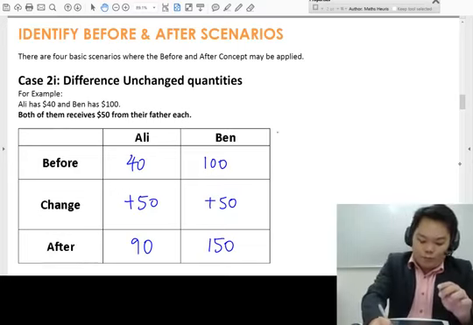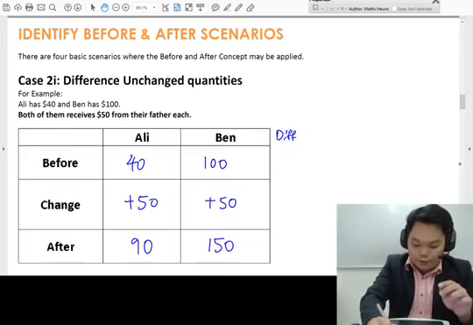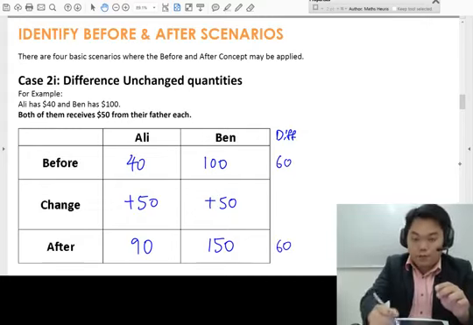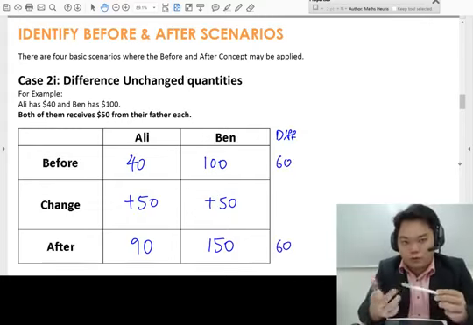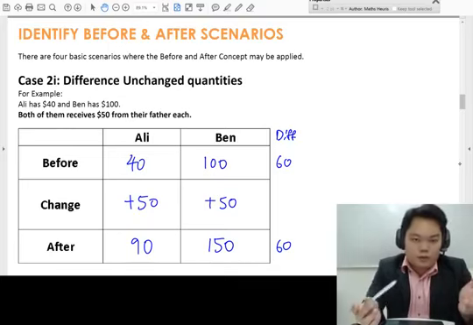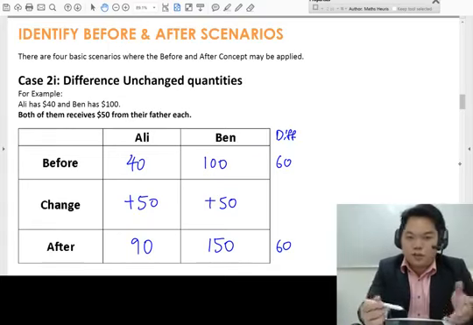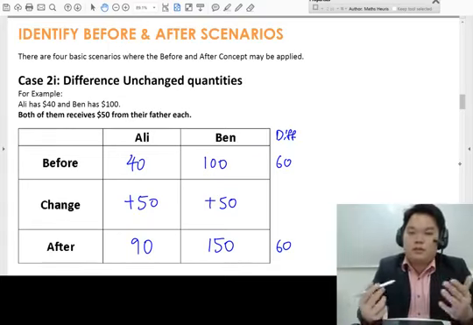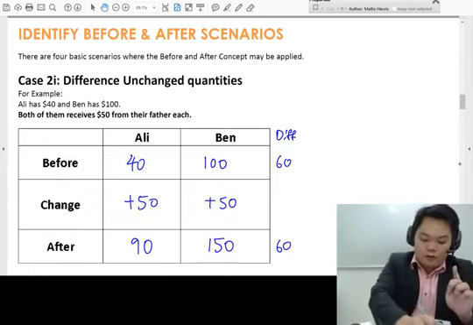However, if we compare the difference before and after, this will be 60, and so will this be 60. 100 minus 40 will give you 60. 150 minus 90 will give you 60. So how do we know such a case is a difference unchanged quantity problem? Look at the change rule.